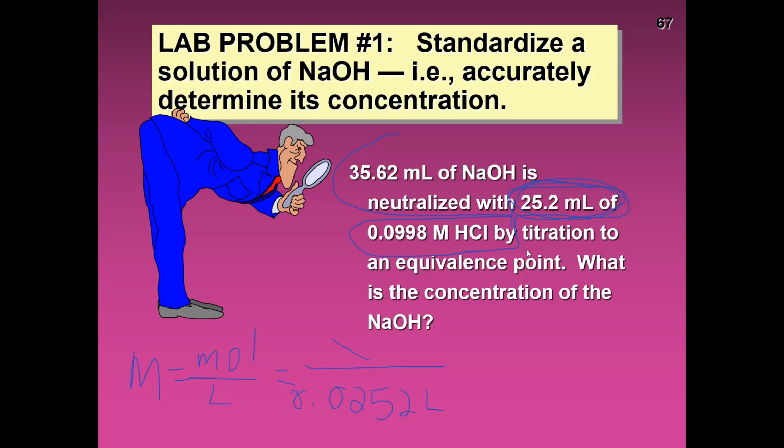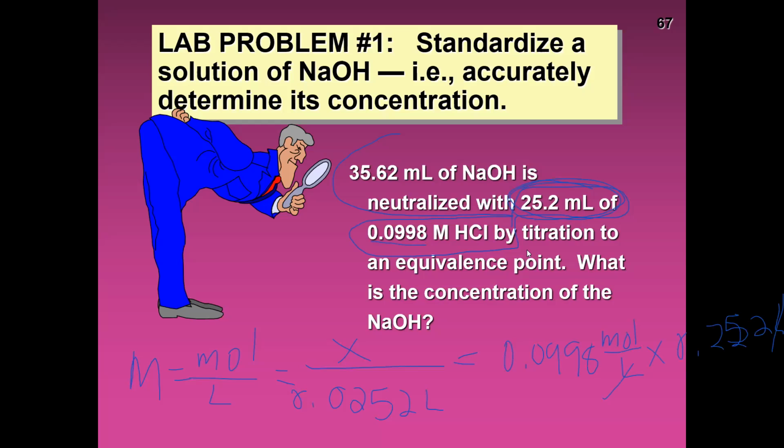And the moles we do not know, but we do know the molarity, which is 0.0998 molar, which remember is moles per liter, right? Times the liters, which is 0.252, and liters will cancel and you have moles.